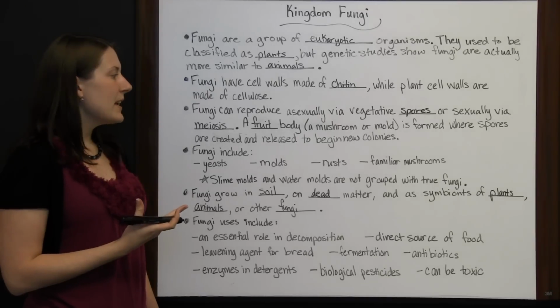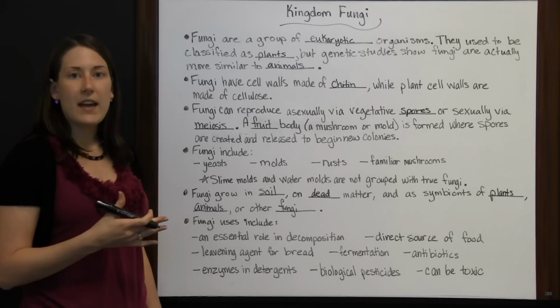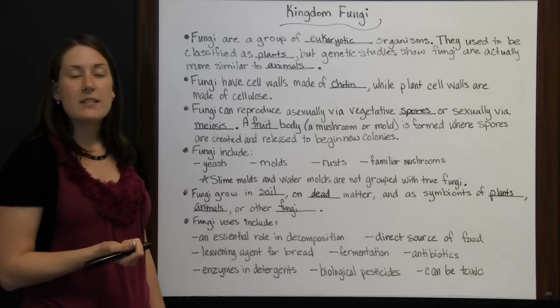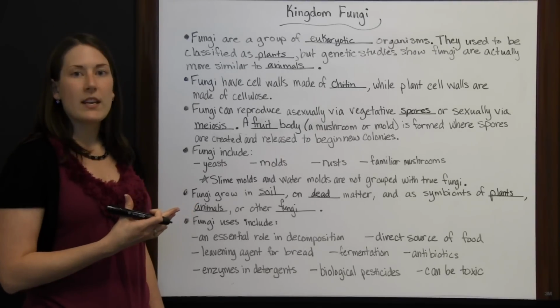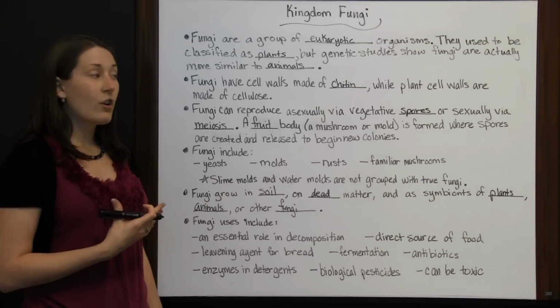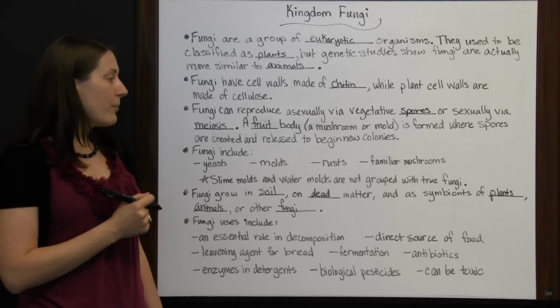It could be a neutral relationship where that fungus lives there and it doesn't affect the plant, animal, or fungus that it's living on. It could be something positive where they're both getting something out of it, or it could be something negative where the fungus growing on that plant, animal, or other fungus is causing a problem.